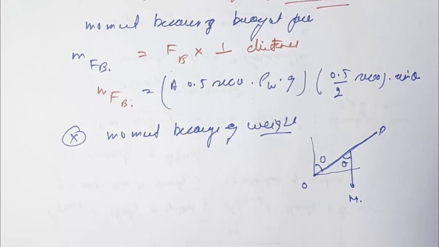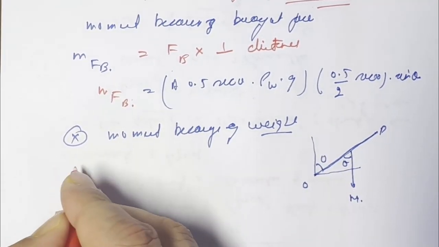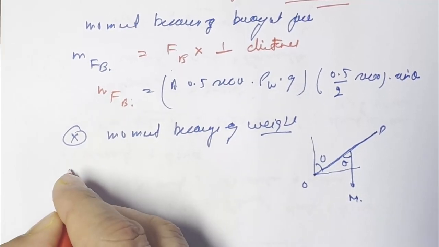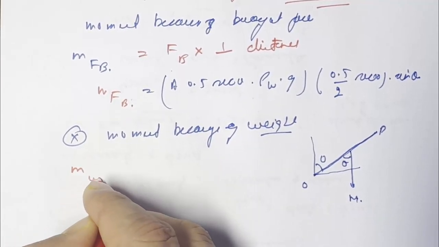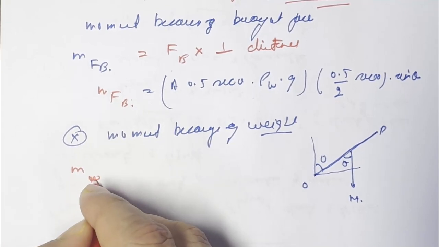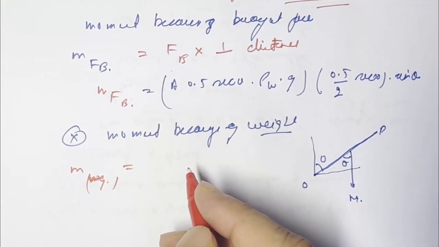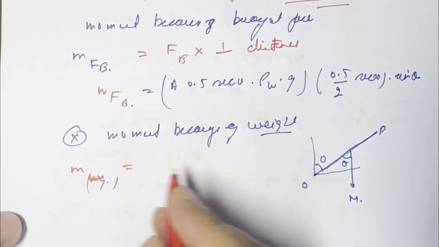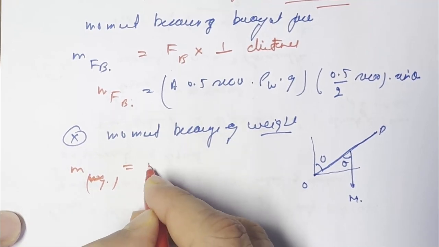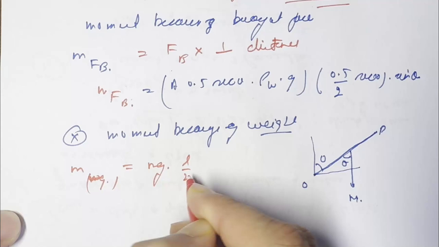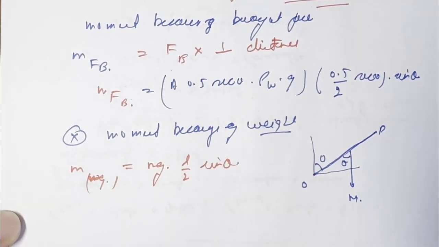So therefore we can write moment because of the weight, let us call that mg, is equal to force, that is our mg, multiplied by L by 2, and we have sine of theta.